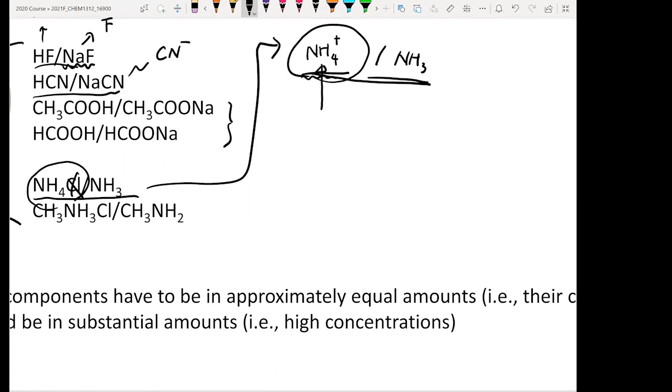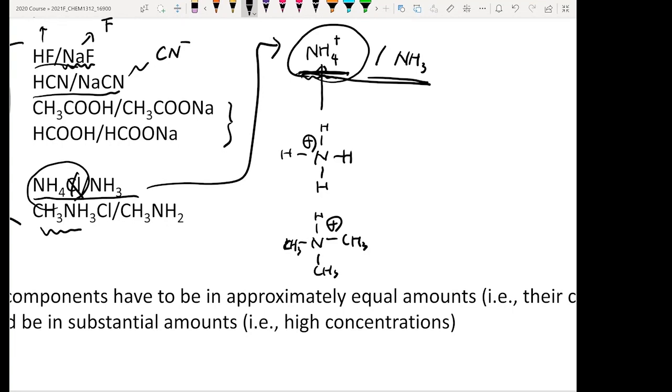Sometimes you will see it doesn't get written out as NH4 plus. It is written out as things like CH3NH3 plus. What this means is, if you look at this structure, your nitrogen is attached to 4 hydrogens. Often in your homework, you will see something like CH3, CH3, CH3. This is the same as your NH4 plus. Sometimes the nitrogen doesn't always have to be attached to a hydrogen.